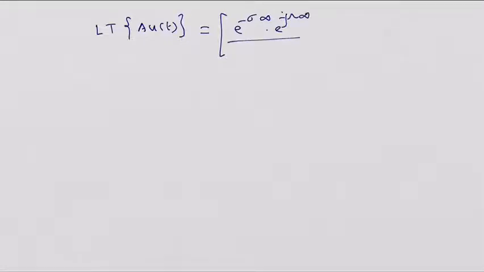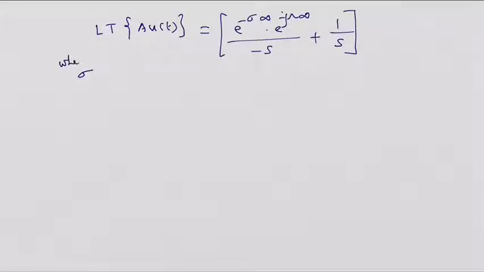Let me rewrite it once again. The Laplace transform of a into u of t is equal to e power minus sigma into infinity, e power minus j omega into infinity, divided by minus s, plus 1 by s. This is what we concluded just now. Now let me take the real part alone.